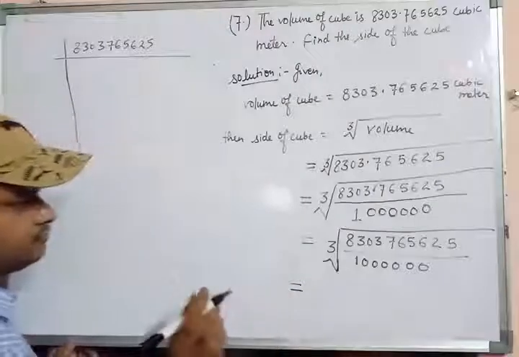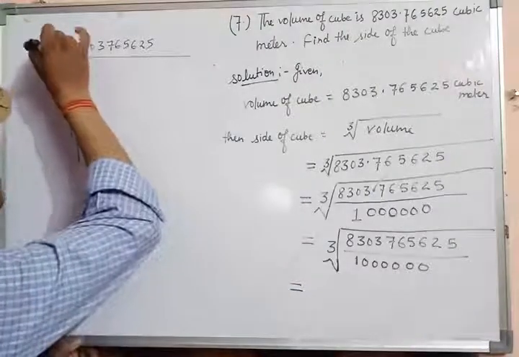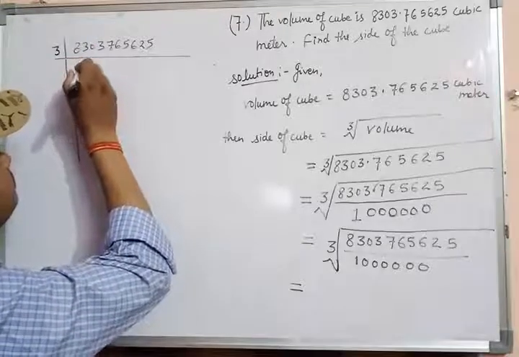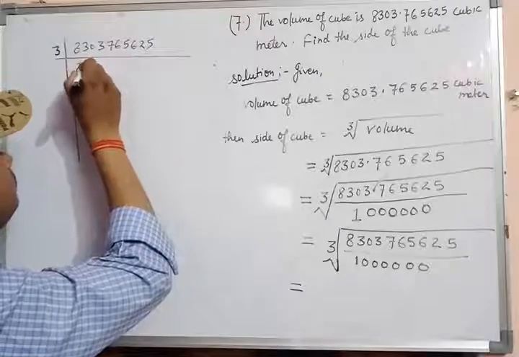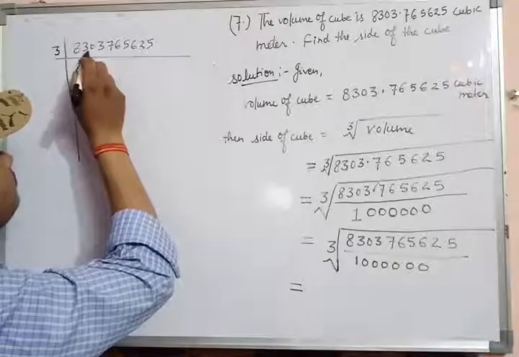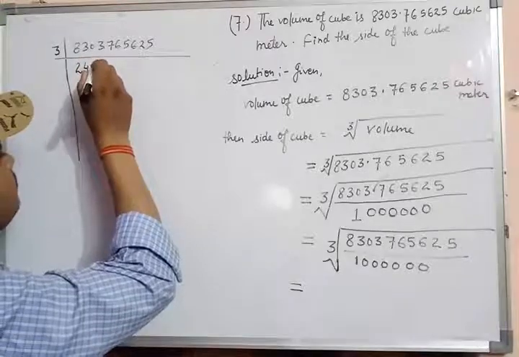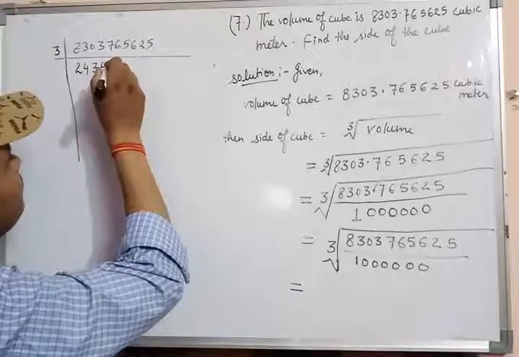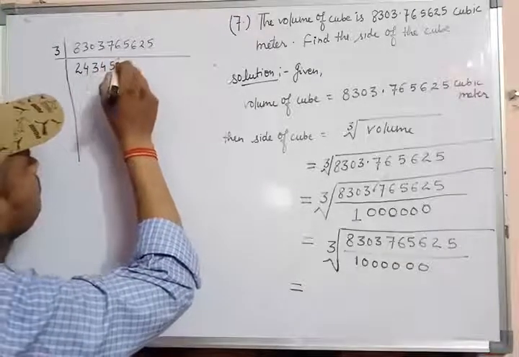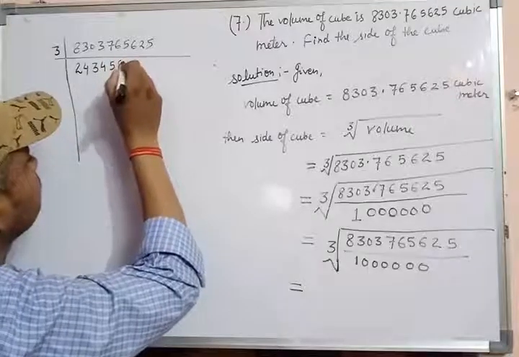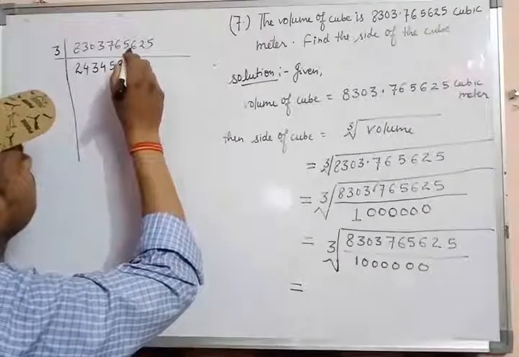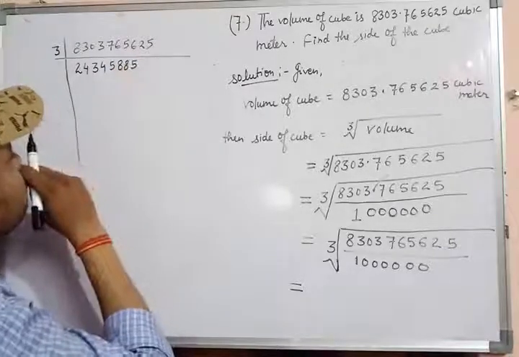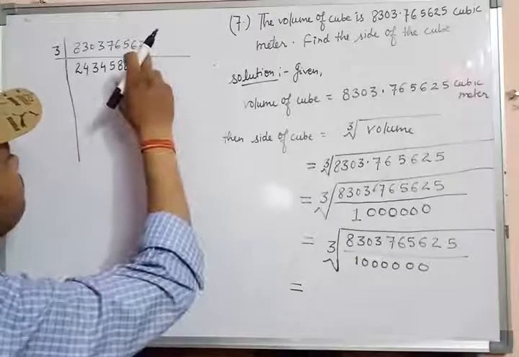Now student, you have to divide this number by 3, then we will get 3 2 is 6, 1 carry, 3 4 is 12, and 1 carry, 3 is 9, 1 carry, 3 4 is 12, 1 carry, 3 5 is 15, 2 carry, 3 8 is 24, 2 carry, 3 8 is 24, 1 carry, 3 5 is 15, 1 carry, 3 4 is 12, 5 to 10.